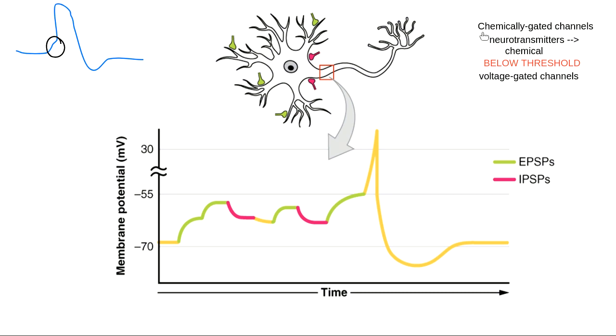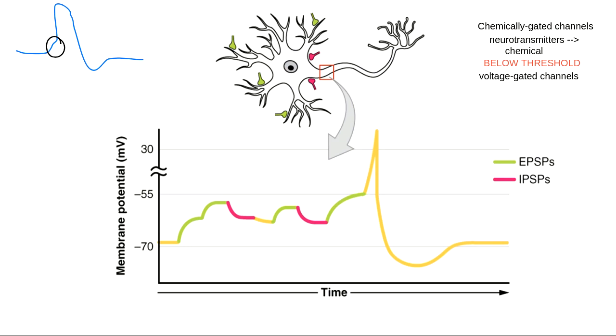Now, like Harry mentioned for us, things change when we hit threshold, when we hit negative 55. When a neuron's membrane charge goes from being negative 70 all the way up to negative 55, that means the charge on the membrane has changed enough that my neuron realizes, okay, we're actually serious. We probably want to depolarize the whole way. So when I hit negative 55, now my membrane charge has changed a bunch.